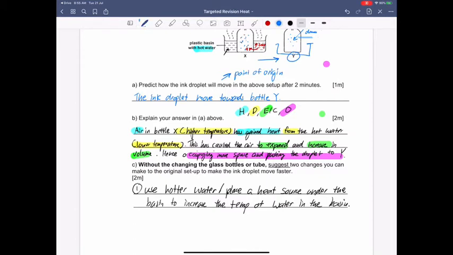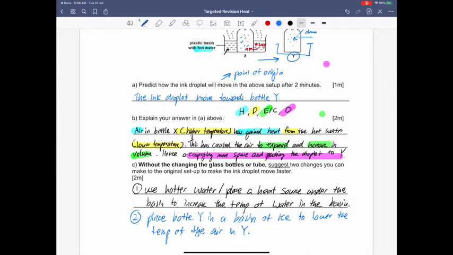It would not work. So the second way, same thing, you have to tell me what you want to do in order to lower down the temperature of bottle X. So you would say something like, place bottle Y in a basin of ice to lower the temperature of the air in Y. Okay, I hope I'm very clear about this.